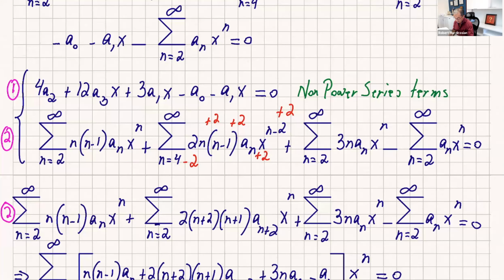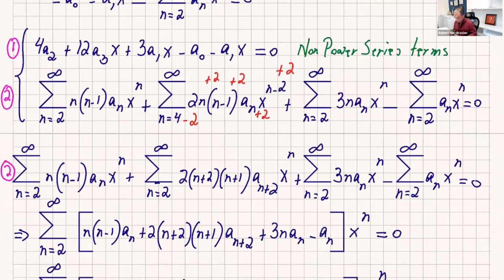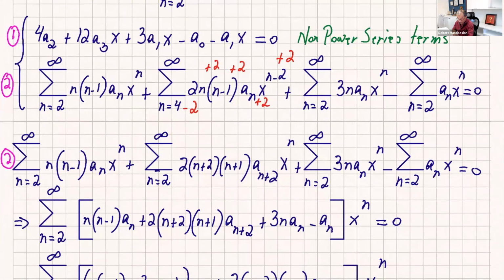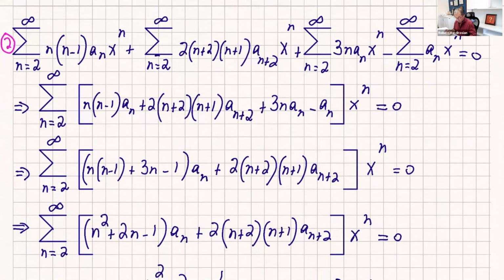So this one is n minus 2, so you add 2 to each n and subtract 2 from the index here. And if you do that, then you get all the terms with x to the power of n, and you can factor that, and this is the coefficient, and you know that should be equal to 0.